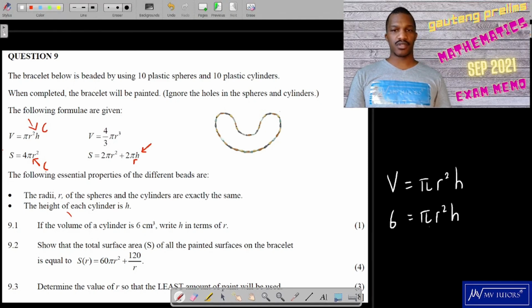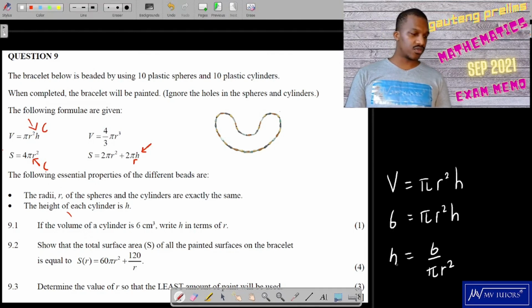We can just divide everything. So h is 6 over pi r squared. We divided both sides by pi r squared, and it's as simple as that. That's 9.1. We are done with it.